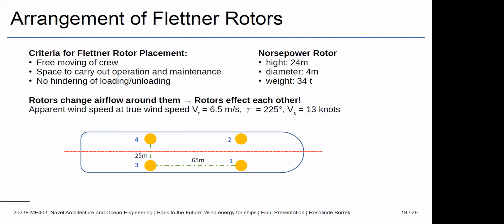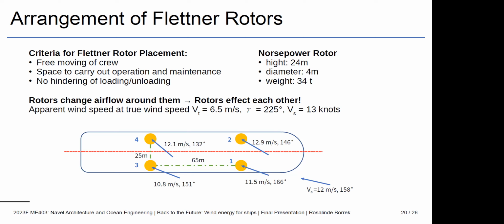And then what has to be kept in mind is that since the rotors change the airflow around them, if you have multiple rotors close to each other, they will affect each other. So here, as an example for the apparent wind speed, you see that each rotor has a slightly different apparent wind speed and direction.